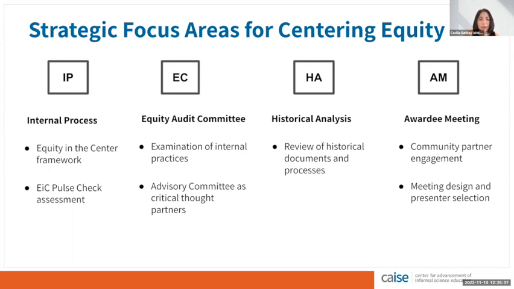The other piece we did was undertake a historical document review. Essentially we took a whole slew of different documents that CASE had, a treasure trove over its 15-year history, and looked at those with an equity-focused lens. Some of the questions we were asking were: what evidence was there in that documentation of the extent and ways that CASE had focused on equity broadly and more specifically racial equity?